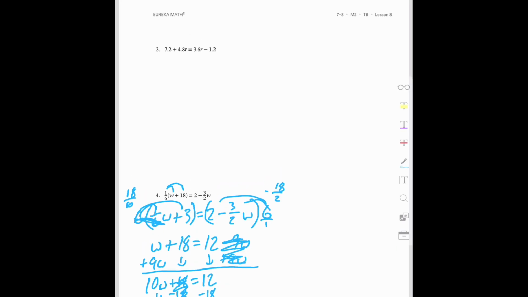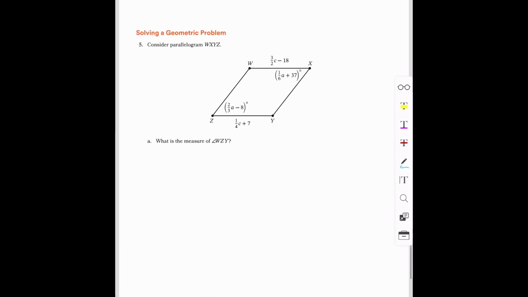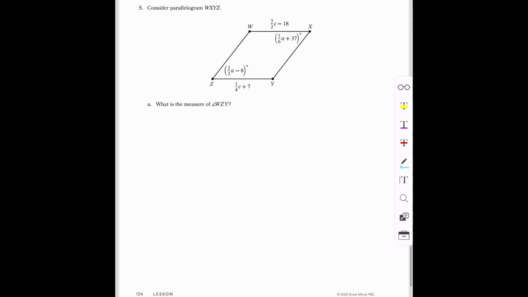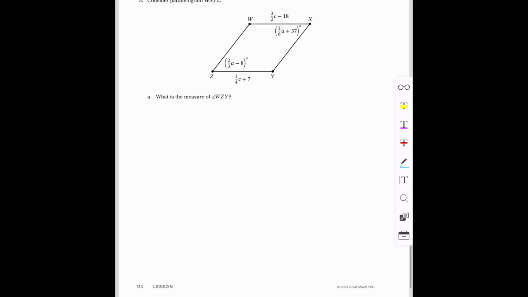All right, so if we continue to the next page, we can also use this method to help us solve geometrical figures, right? So it says, consider parallelogram WXYZ. There's a couple things we need to talk about with a parallelogram real quick, just in case some people don't remember.